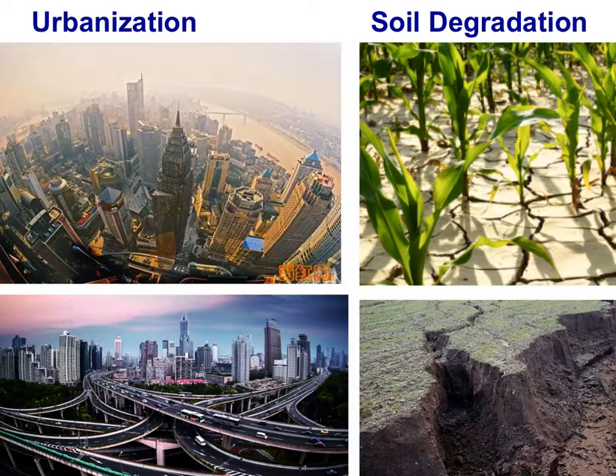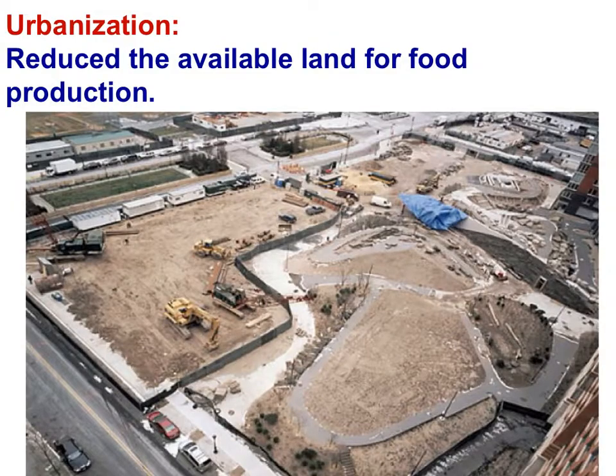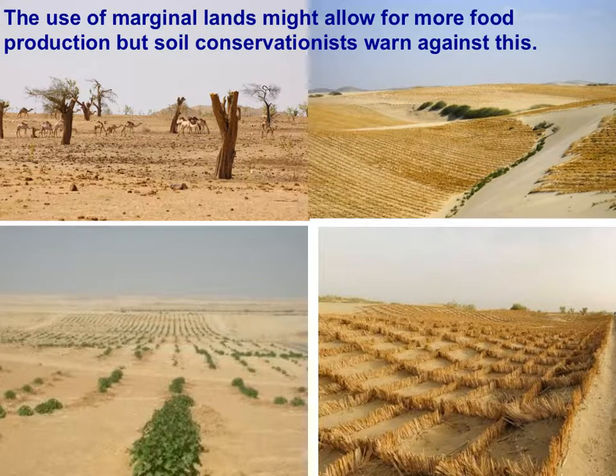Urbanization and the degradation of soil resources have decreased the availability of land for food production. Increased urbanization worldwide has reduced available land for food production. The use of marginal lands for growing food might allow for more food, but soil conservationists warn that this is not sustainable.